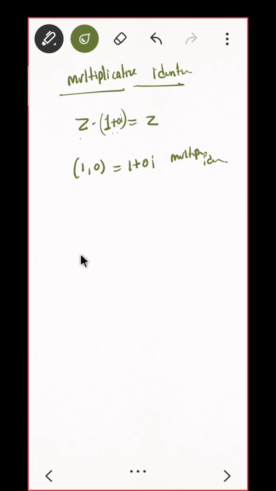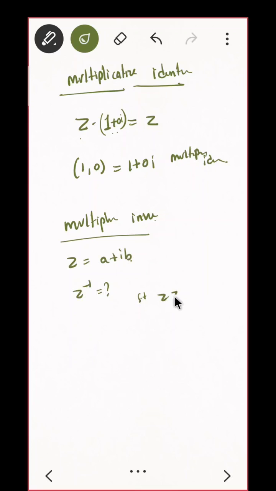So next question will be whether this multiplicative inverse exists. Inverse means, if you are given z, that is say a plus ib, can you find z inverse such that z into z inverse must give me 1 plus 0 i? Can you do that?